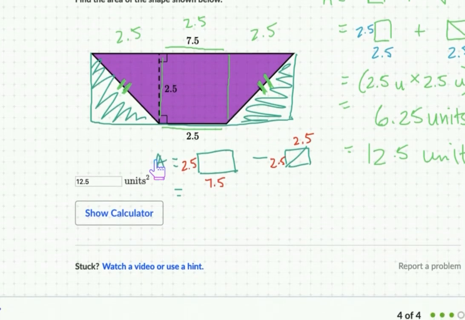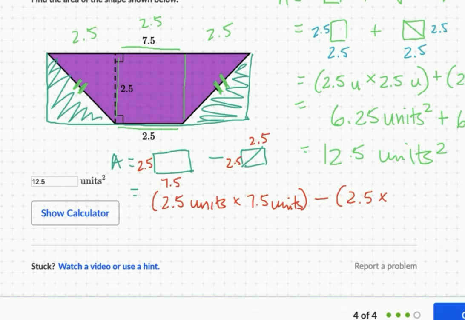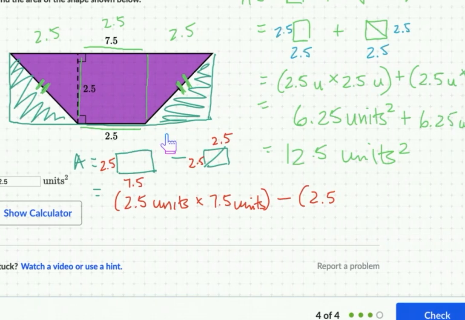Okay, so if we were to do the math there, it would be 2.5 units times 7.5 units minus, again, those two triangles create one square, so it's just those two multiplied by each other. No dividing or anything. We're trying to save ourselves some work. Times 2.5 units.